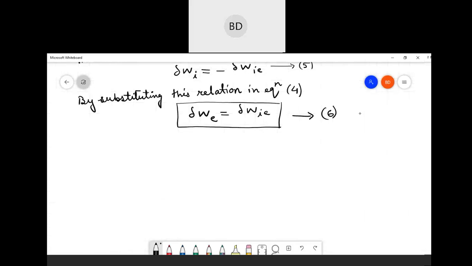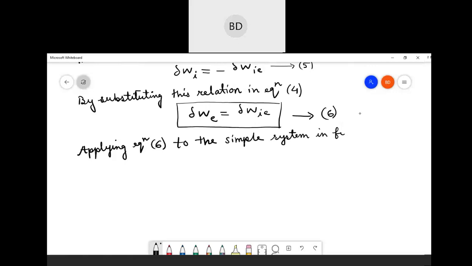Applying equation 6 to the simple system in figure A: P del delta is equal to F del delta, or P minus F times del delta is equal to 0.